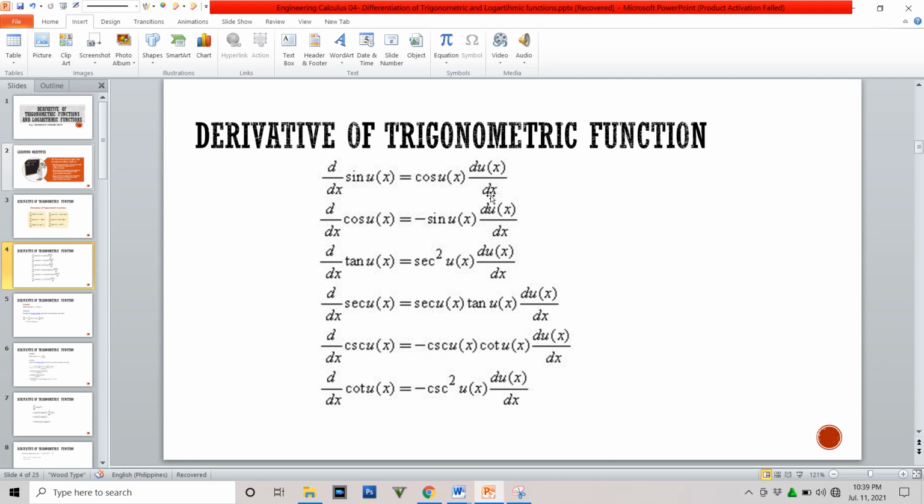So kaya nga tinawag na chain rule, because as we derive u, there are terms inside that u that could be derived again and again. So it is a rule of chain of differentiation. Okay, so all of the chain rule will be applied to the mentioned formula of the 6 trigonometric functions.